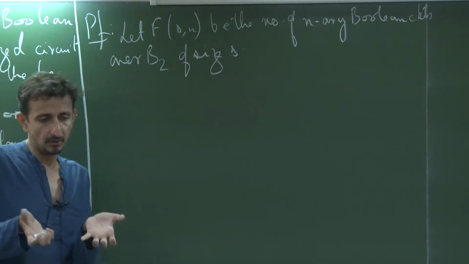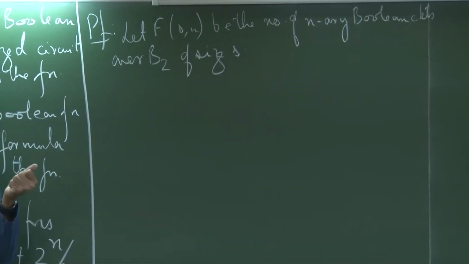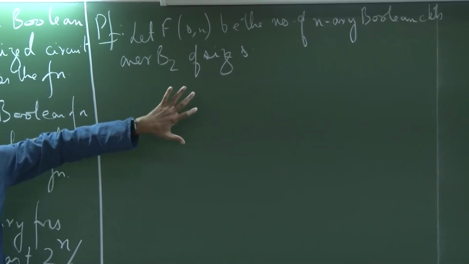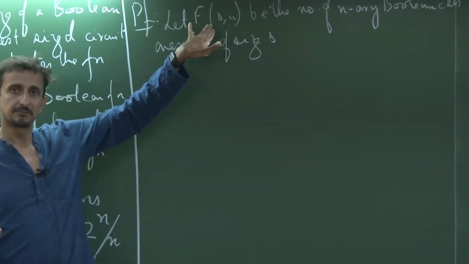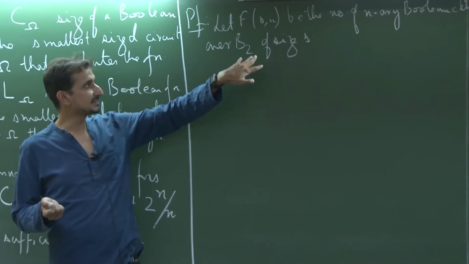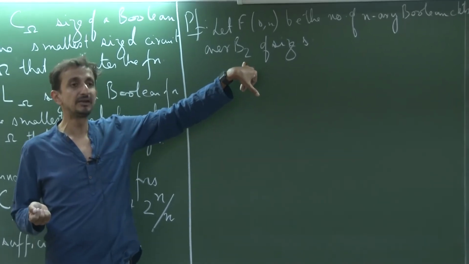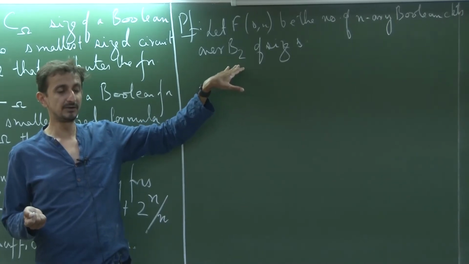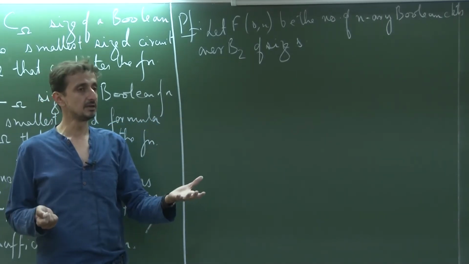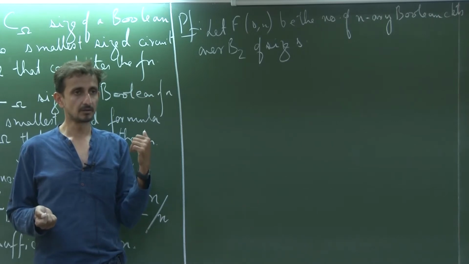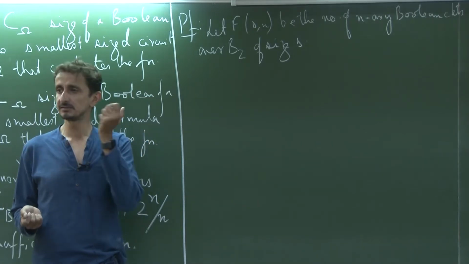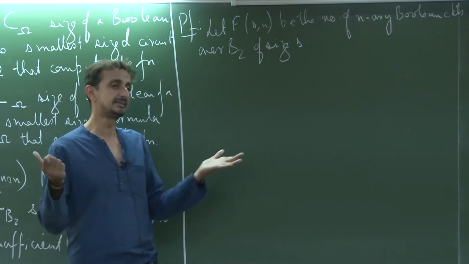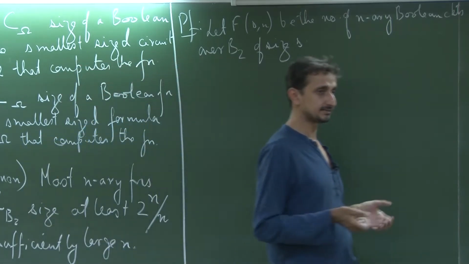How do we get an estimate on this quantity? First of all, look at a circuit. This circuit will have s gates. Now, each of these gates is an element from B2. How many elements does B2 have? B2 is basically all gates with 2 inputs, so it is 2 to the power 2 to the power 2, which is 16 gates. It can be any of those 16 gates.